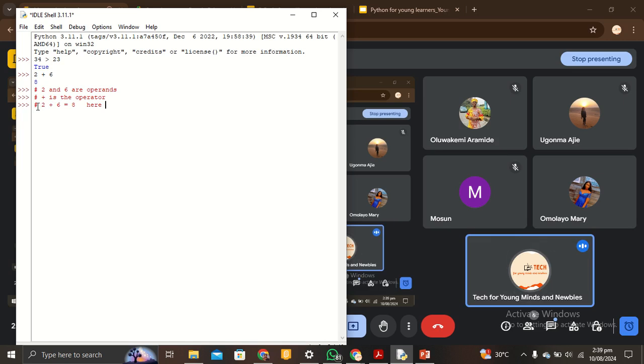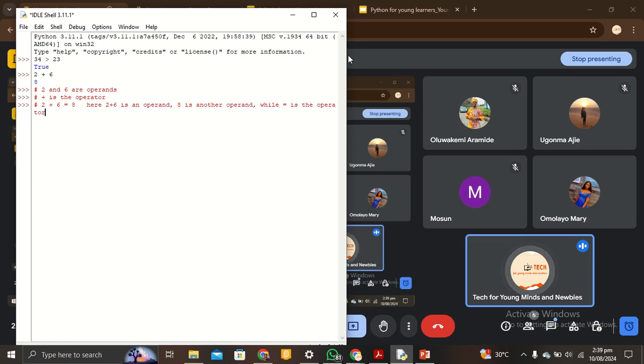I just used hash. So here, Aliza, 2 plus 6 is an operand, right? 8 is another operand, while equal to is the operator. So it depends on what you have.